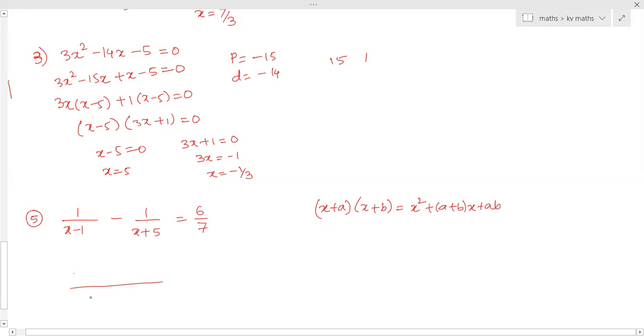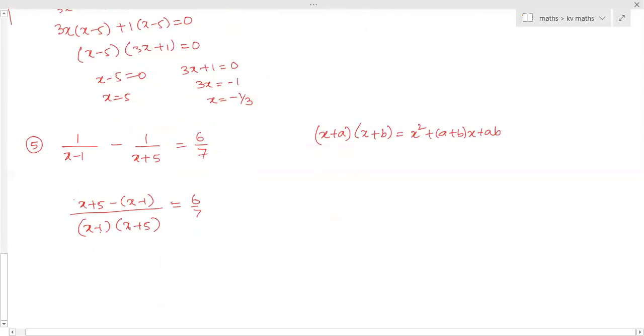So here the LCM is the product of those two, x minus 1 and x plus 5. This fraction you multiply with x plus 5, minus this fraction you multiply with x minus 1, is equal to 6 by 7. So this is x plus 5 minus x plus 1.